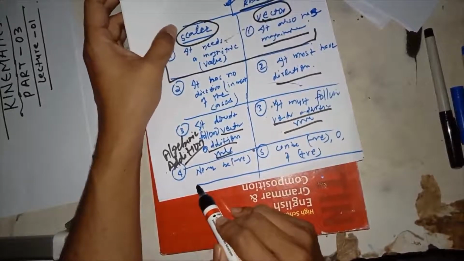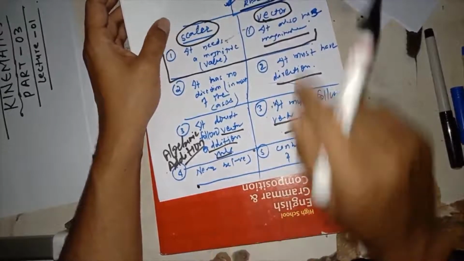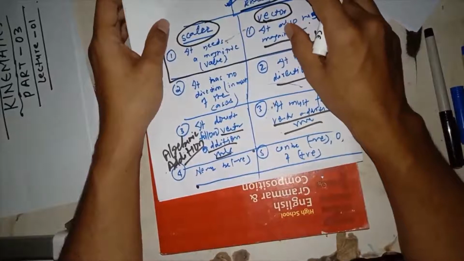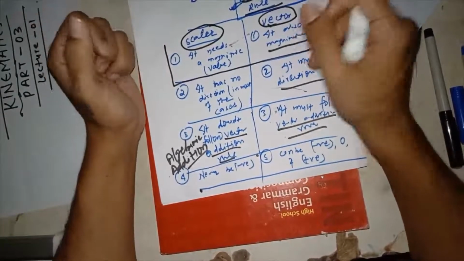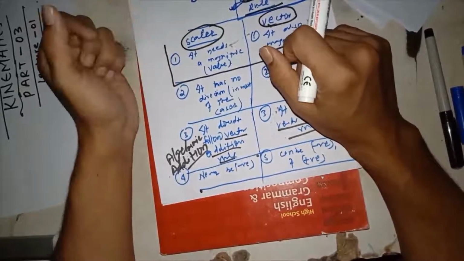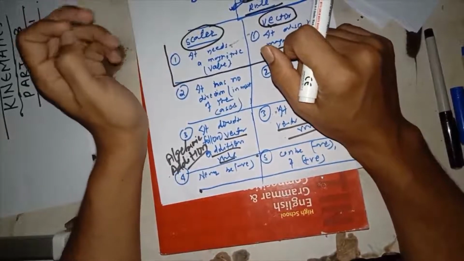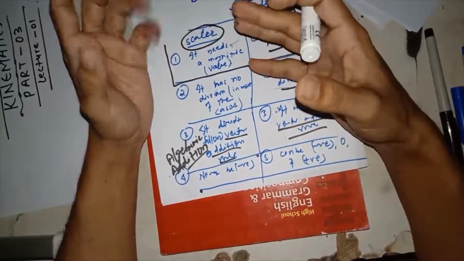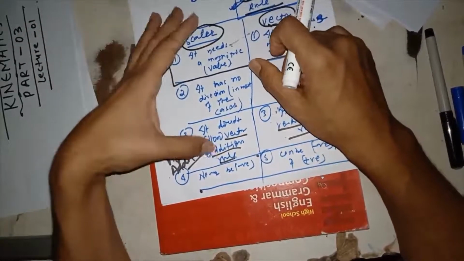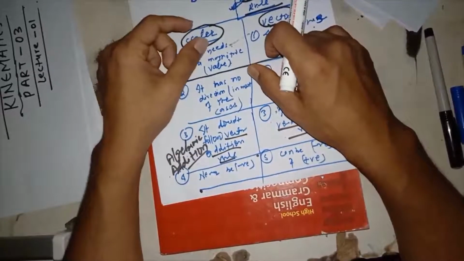Now the next point is that a scalar is never negative. It is an interesting point. You know that a number can be negative or positive, yes or not? -2 is also a number and 2 is also a number. And I have already said that a number is a scalar quantity. But I have written here that it is never negative.